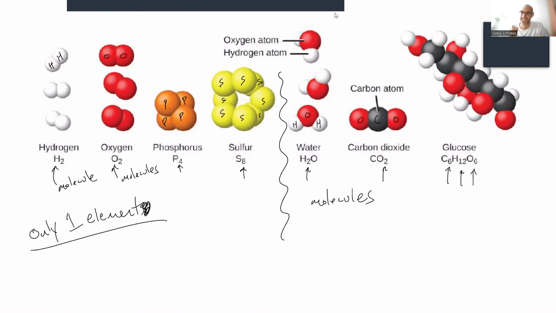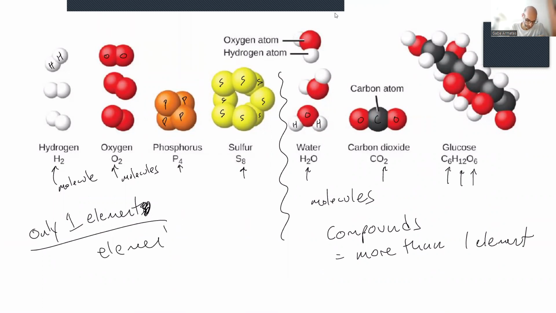These are not elements. We actually call these compounds because they have more than one element, or 2+ elements. So these are elements over here, and we recognize them because they just have one type of atom.